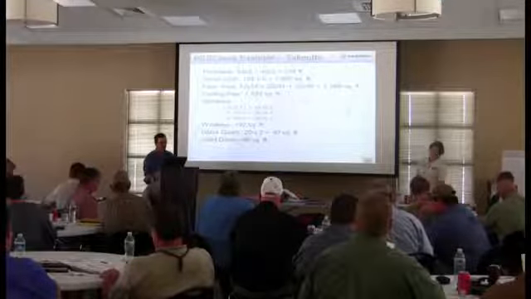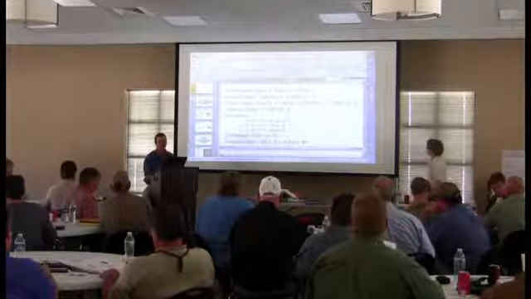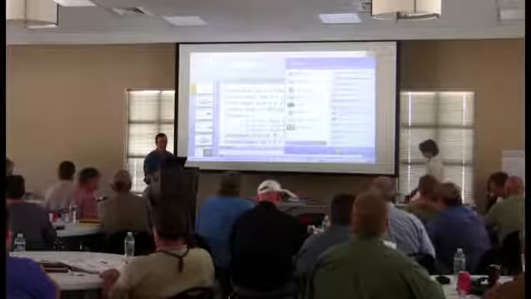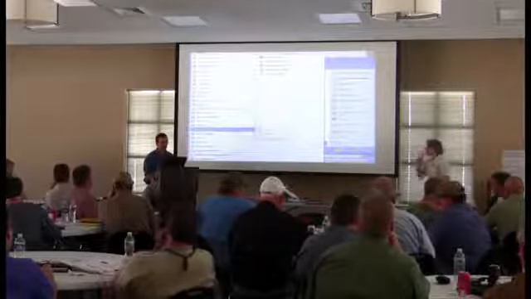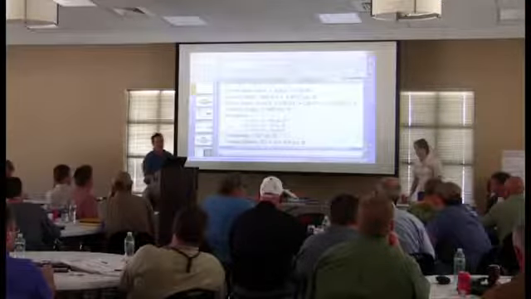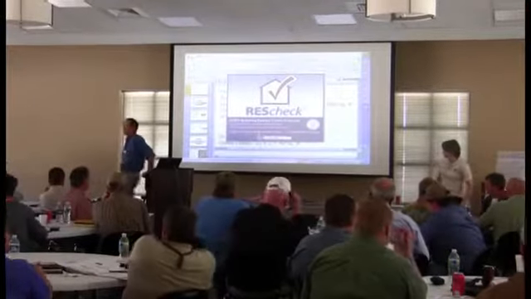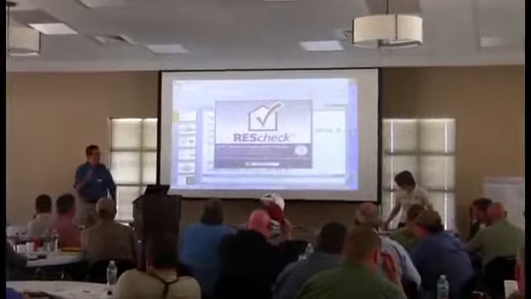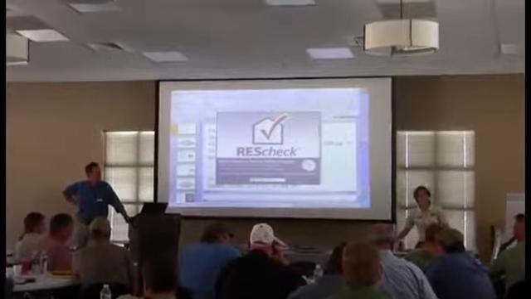All right, Roxanne, so I'm going to discard this. We're going to launch ResCheck. And ResCheck is free. You get it from energycodes.gov. You can download it, or they also have an online version that you can supposedly not even have to download.